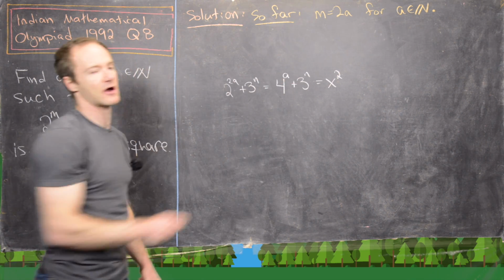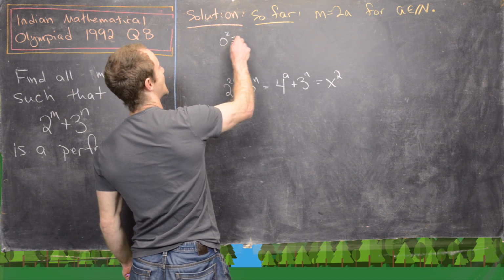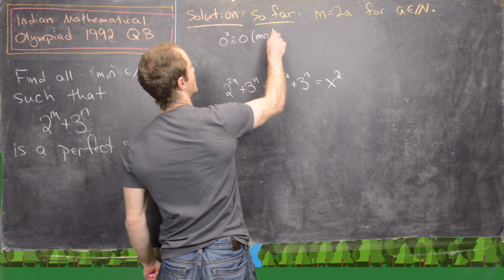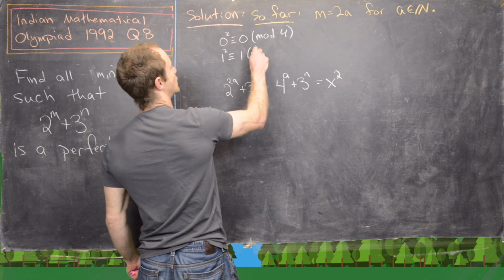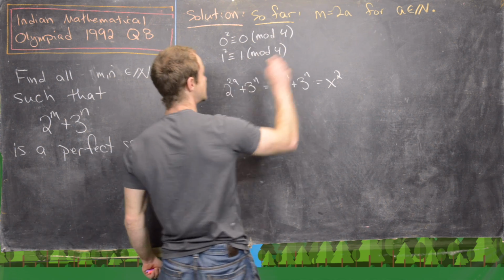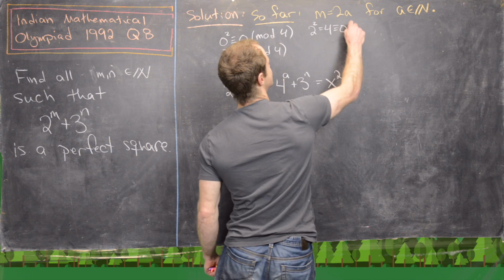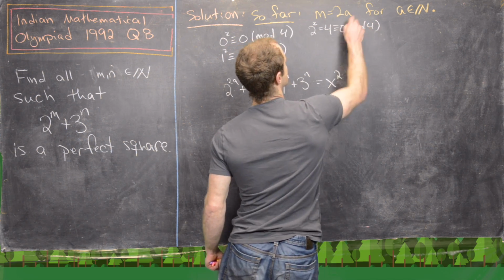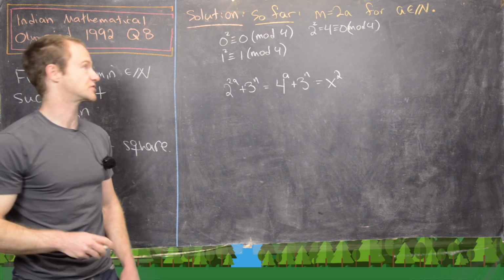We'll make a similar calculation to what we did before. So we have 0 squared, well that's obviously equal to 0, which is 0 mod 4. We have 1 squared, well that's 1, which is 1 mod 4. Next we have 2 squared, well that's equal to 4, which is congruent to 0 mod 4. So that's interesting. We have something called a zero divisor when we're working modulo 4.